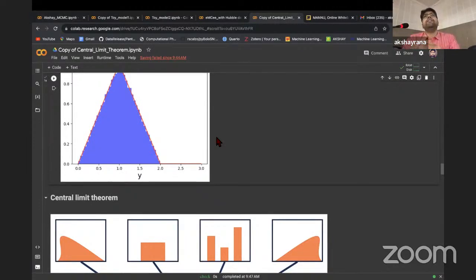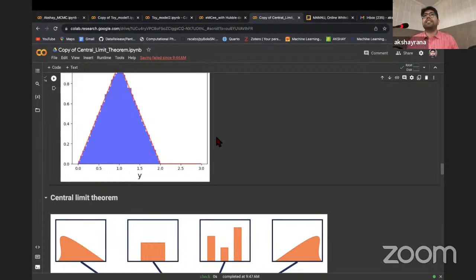Generally in the field of astronomy, astrophysics or cosmology, whenever you come across a measurement, a data point, and you don't have any prior knowledge about the inherent distribution from which that data point might be coming, then we choose to consider that it is coming from the Gaussian distribution.